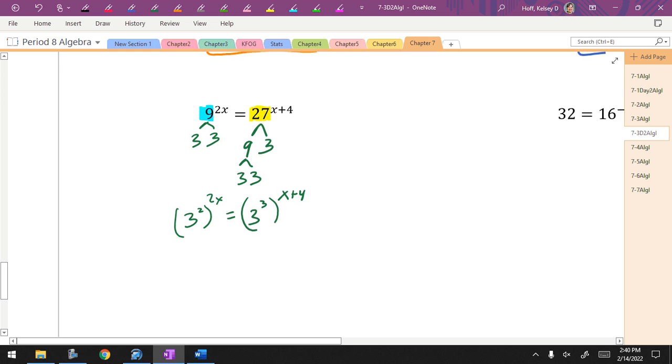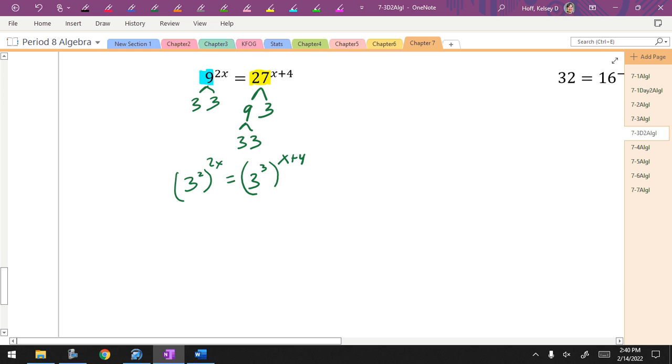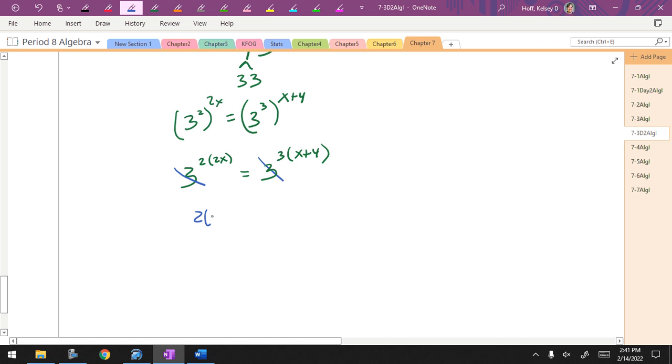Now, before you drop your bases, shift your parentheses, right? Shift your parentheses up into that exponent. Base of 3, 2 times 2x. Base of 3, 3 times x plus 4. Bases are the same, so we drop them. 2 times 2x equals 3 times x plus 4.